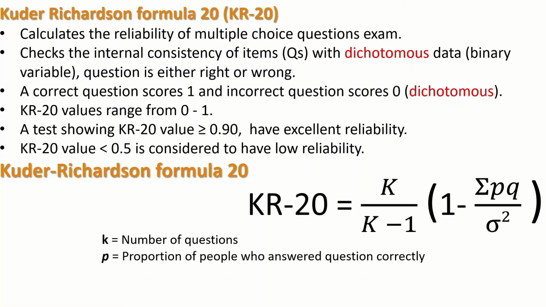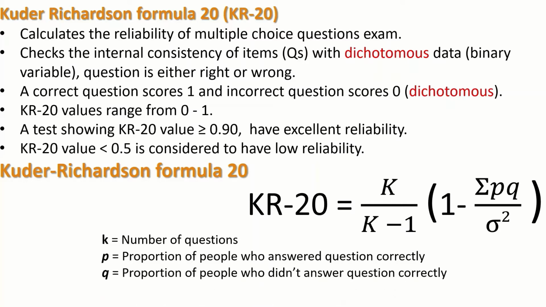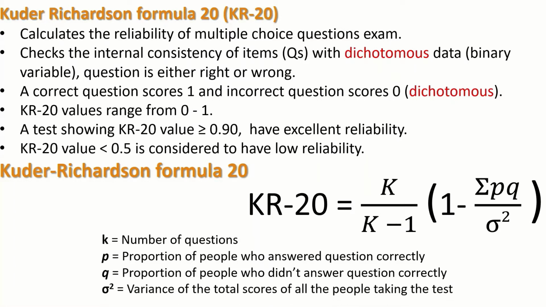P stands for the proportion of people who answered the question correctly. Q is the proportion of people who did not answer the question correctly, and the variance of the total score for all people or students participating in the test.